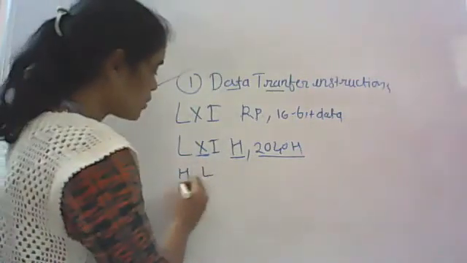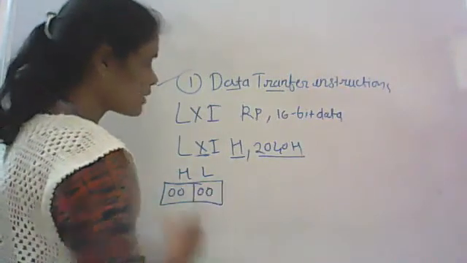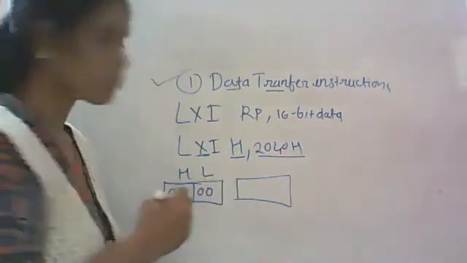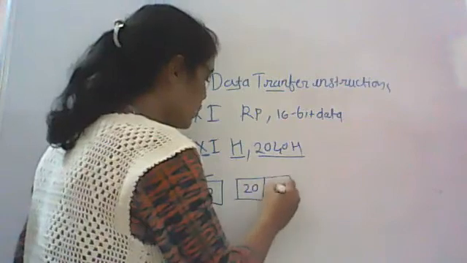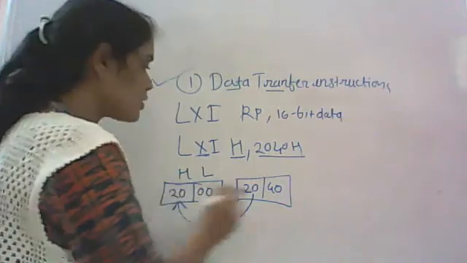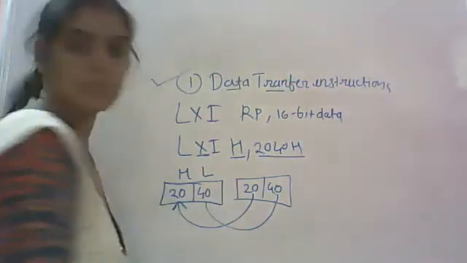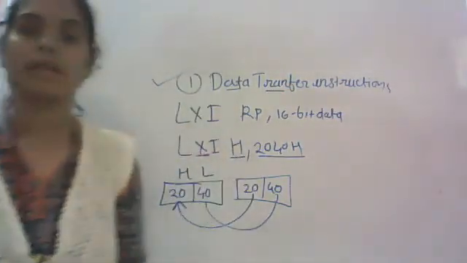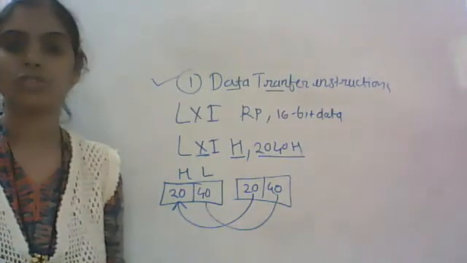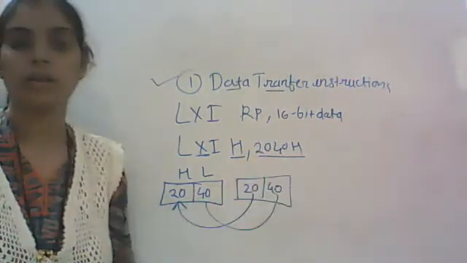Okay, before execution 0000 has been HL register pair, and this here 2040. So 20 stored in H register and this 40 stored in L register. Okay, using this LXI instruction load register pair immediate. This instruction load the 16-bit data in the register pair.